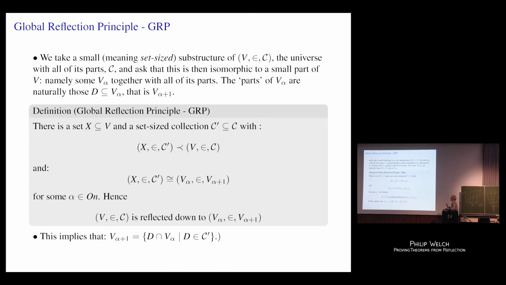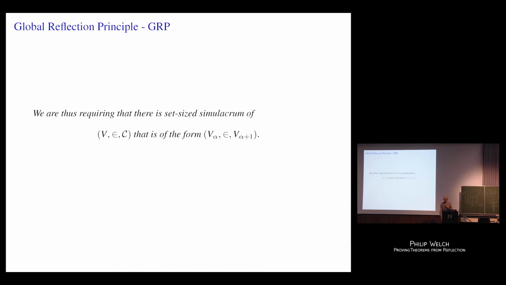The elementarity that we've got implies that we have to take for the C prime, the Ds whose intersections with alpha give us all of the subsets of alpha, that is, V alpha plus 1.